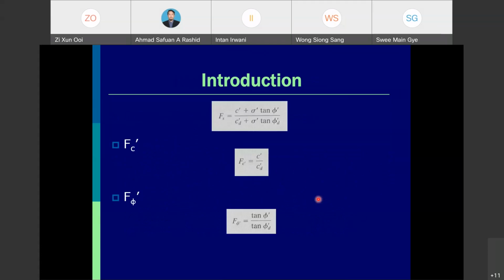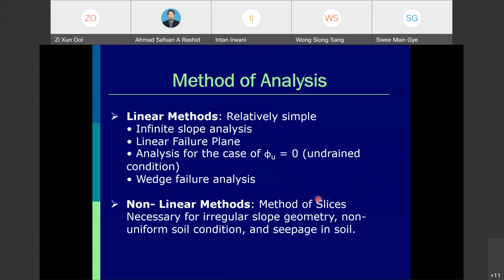On the linear methods, under the linear failure plane, there will be two types of analysis that we will use. The first one is the linear method, and the second one is the non-linear method.